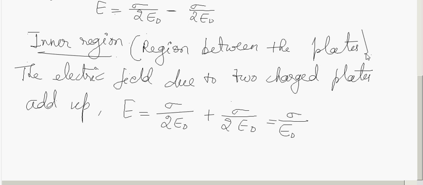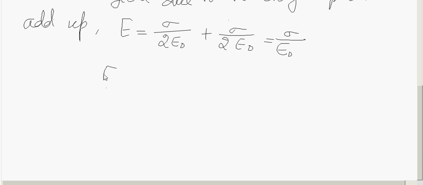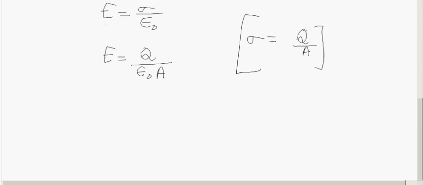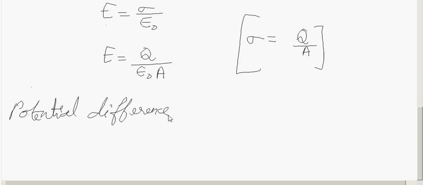We know the charge density sigma is Q by A. So now I can write E is equal to Q divided by epsilon naught A. Now the potential difference is given by V is equal to E into d.